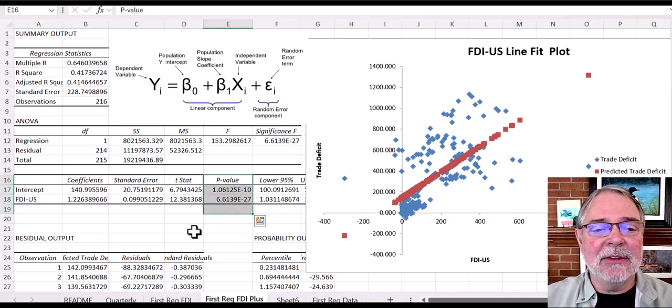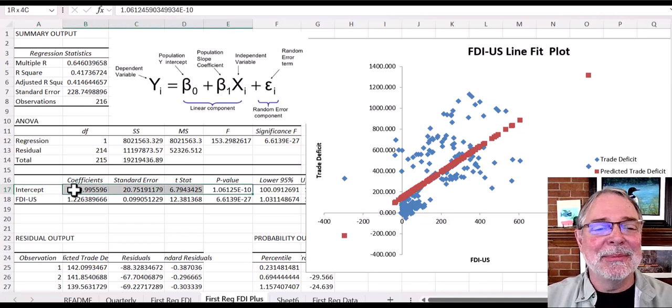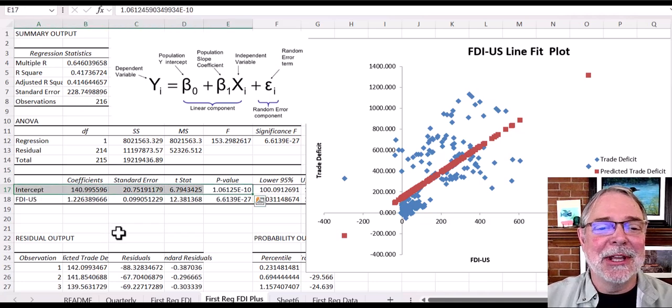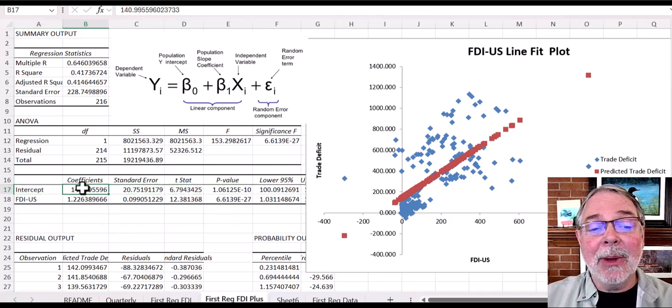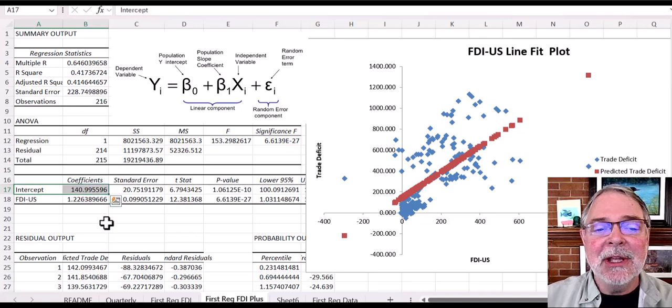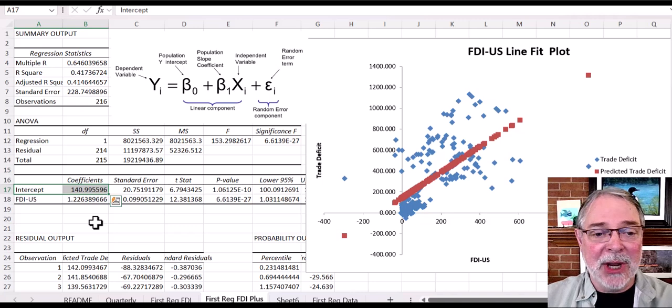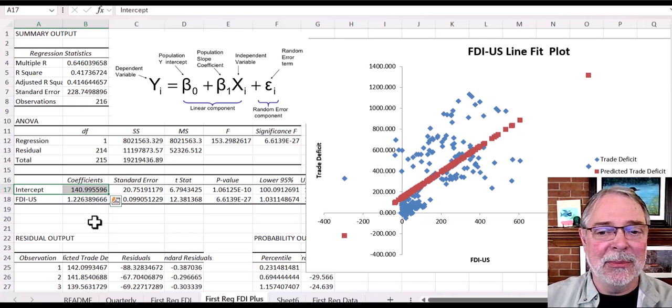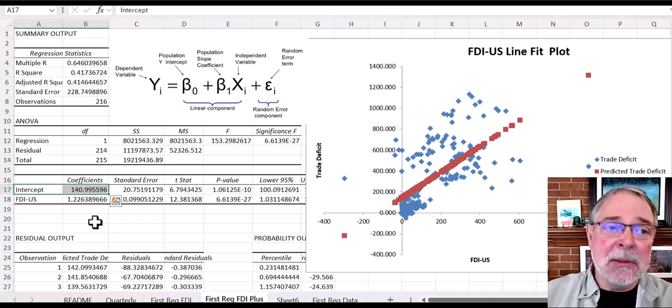So in this case, now you might ask, why is there a p-value for the intercept? I'm a little shady on that one too, but it's there, we do report it. But by the way, in this case, is the intercept interesting? The intercept is the prediction of the trade deficit when there's zero FDI in the U.S. Is that interesting? It might be.